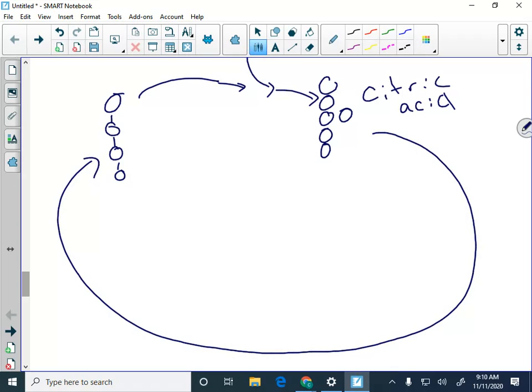It's going to be a cycle. I know it's a wonky circle, but what happens is we're going to lose the CO2. So we're going to get down to 5 carbons.